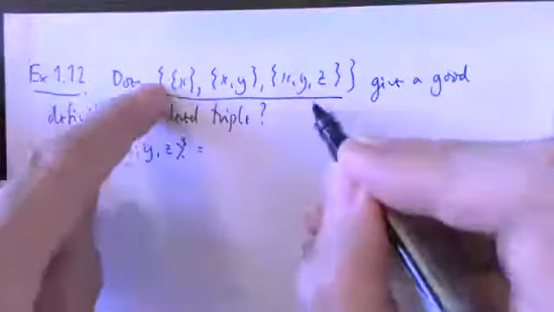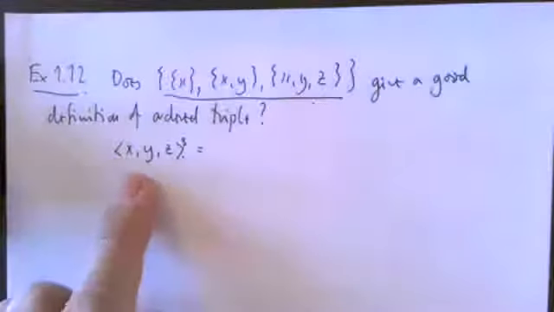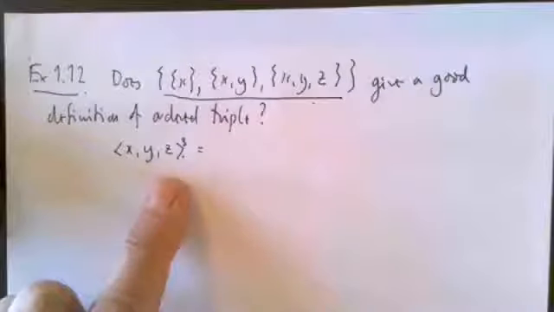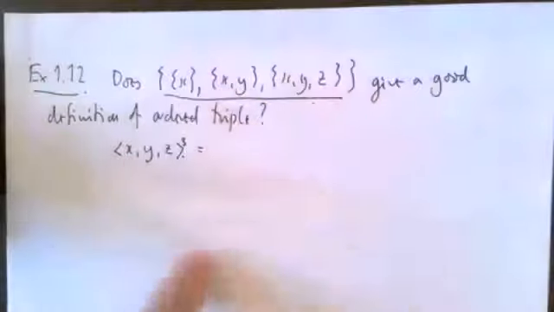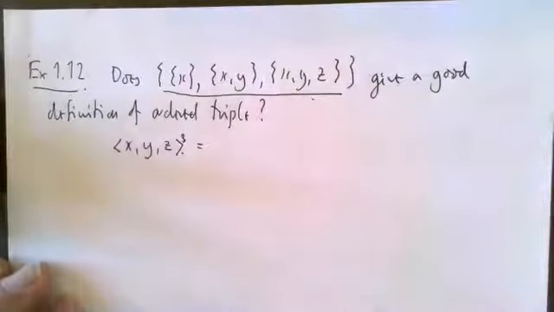Can I make this equals this? The point of the question is that if you've got two triples, x, y, z and x prime, y prime, z prime, you don't want to confuse them by having a bad definition like this. But here the answer is no.